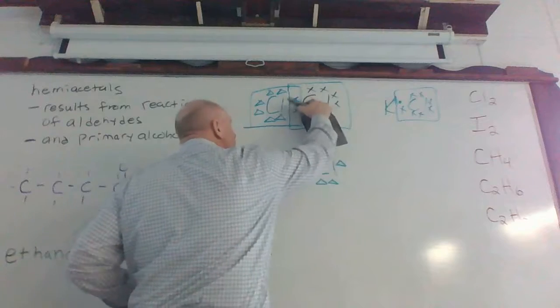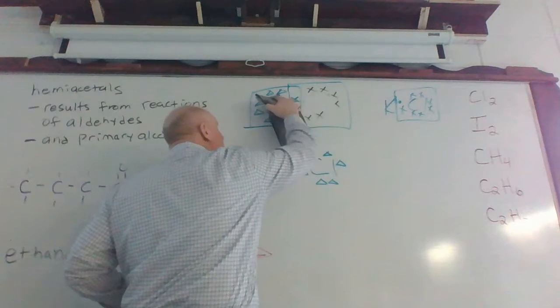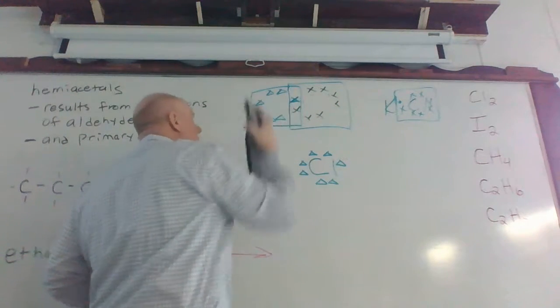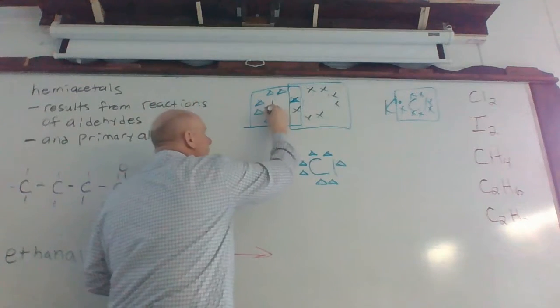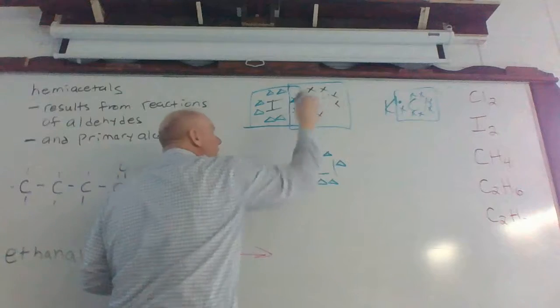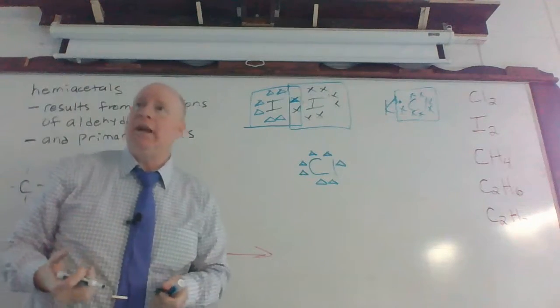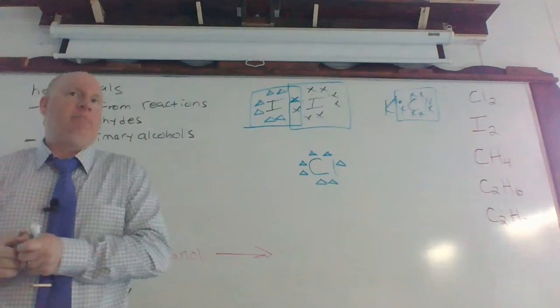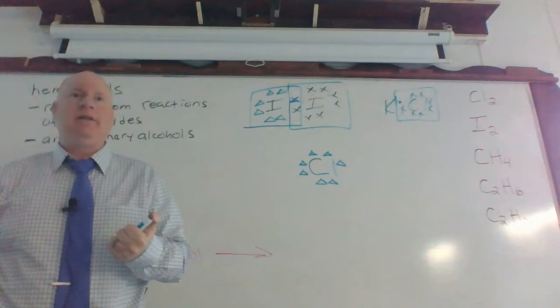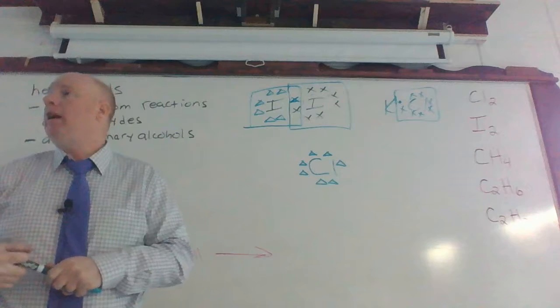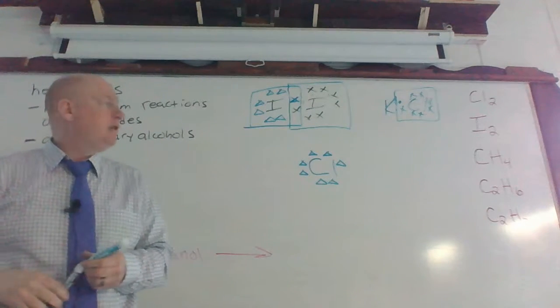We can just erase the Cl's and put what in there? Yeah, you can just put an I here and an I here. It's the same thing. And we can safely say that because iodine and chlorine are in the what? The same column. So they'll have very similar properties.